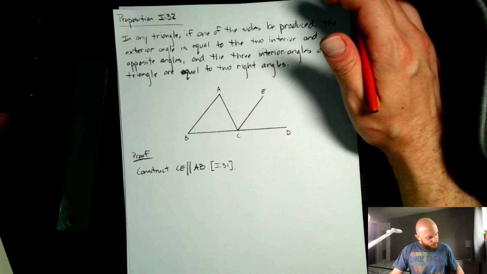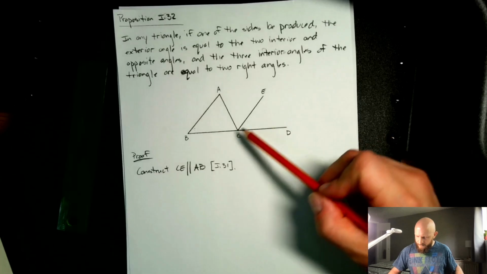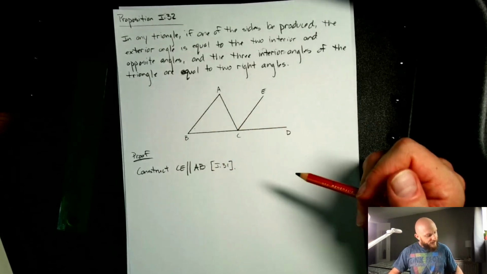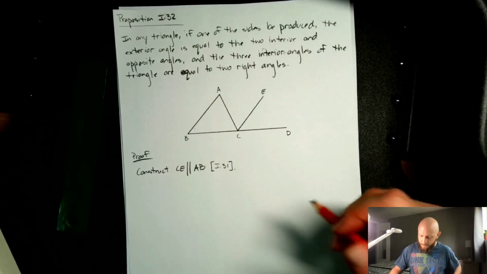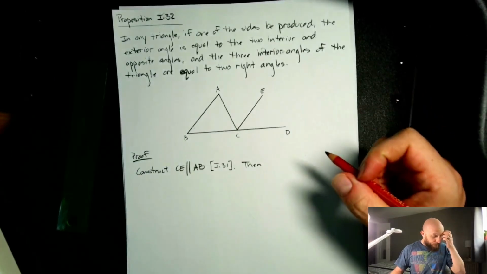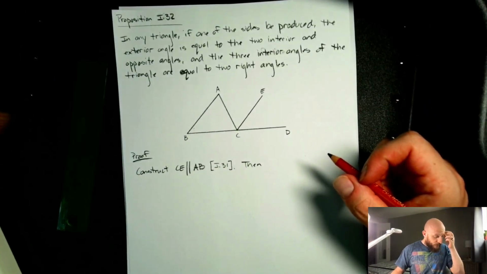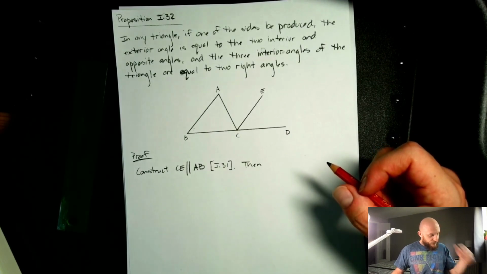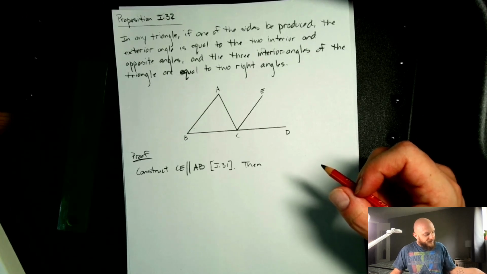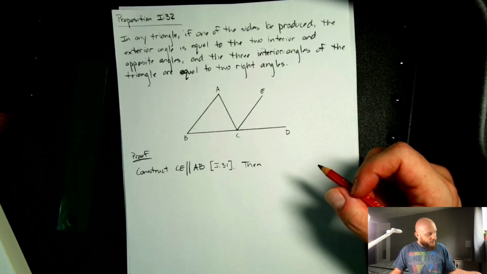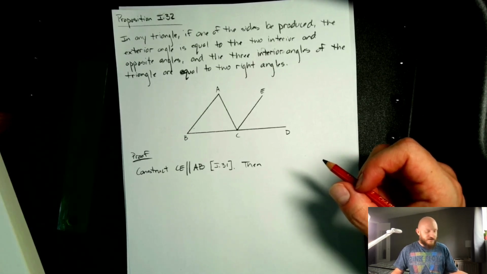Right. Well, so what does Euclid say? He says, then since AB is parallel to CE and AC has fallen upon them, the alternate angles BAC, ACE are equal to one another.